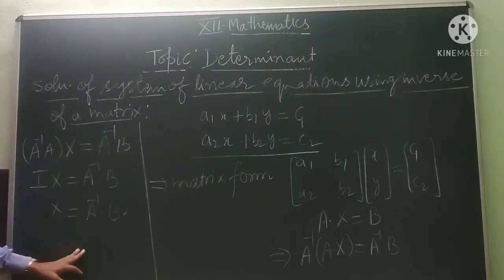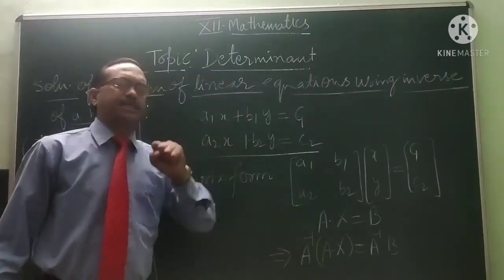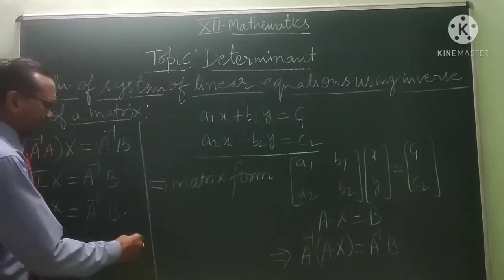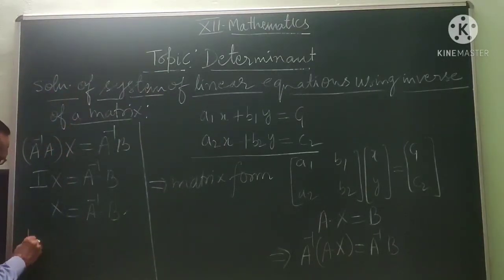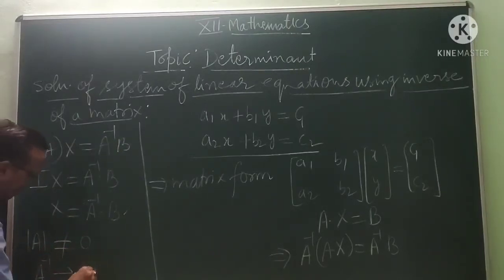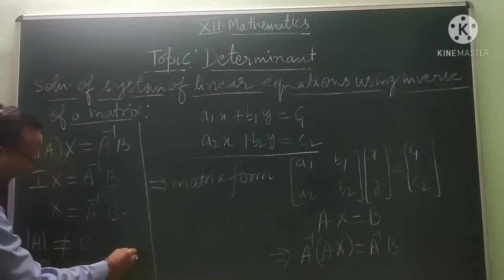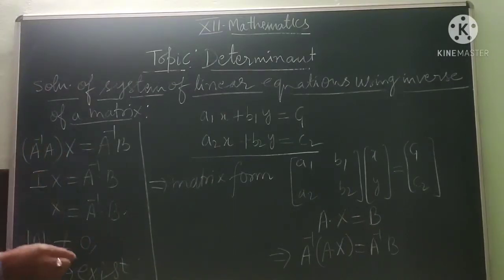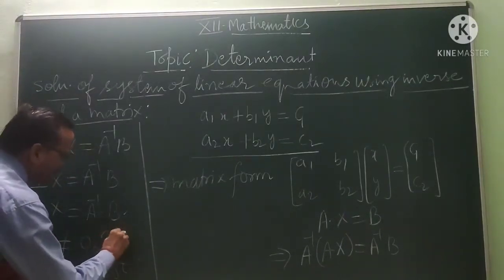Now we will find the inverse of a matrix. Before that we will check the determinant of A. If it is not equal to 0, then A inverse exists. A inverse exists when A is non-singular.